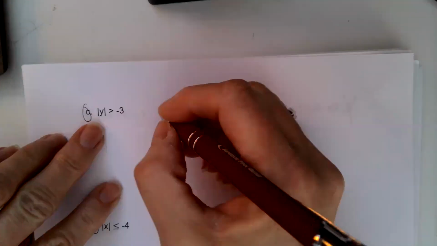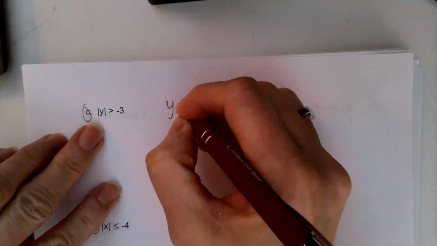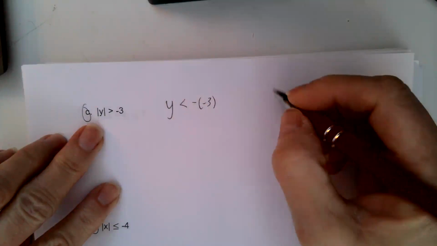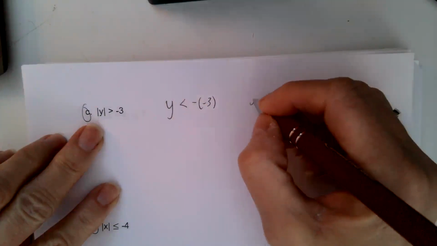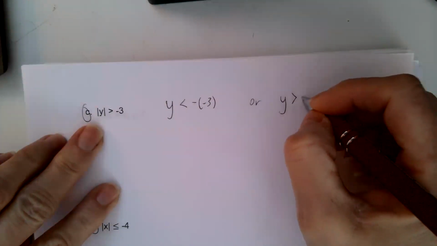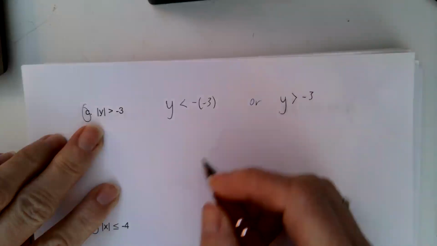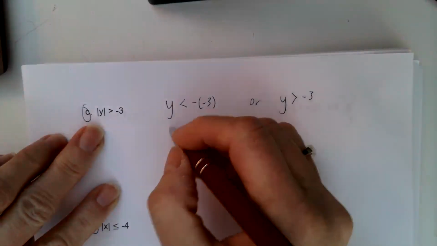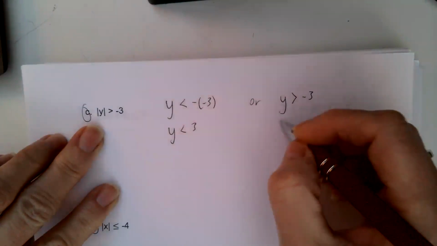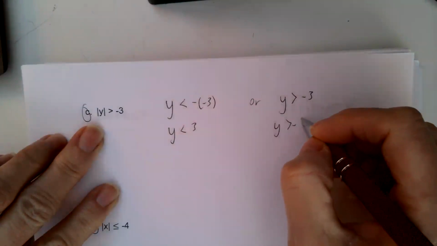So it's either y is less than the negative of negative 3, or it's greater than the positive of negative 3. So y is either less than, opposite of negative 3 is 3, or greater than negative 3.